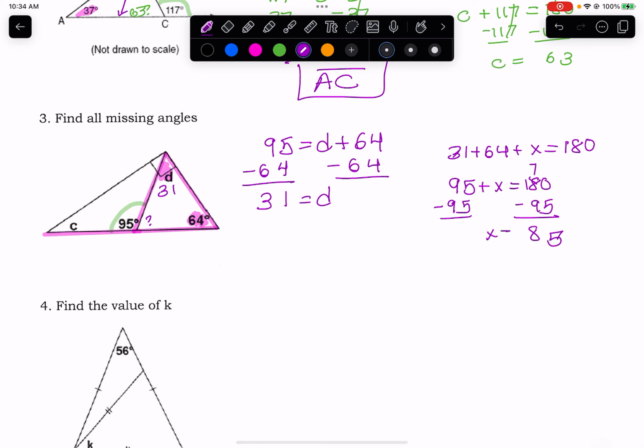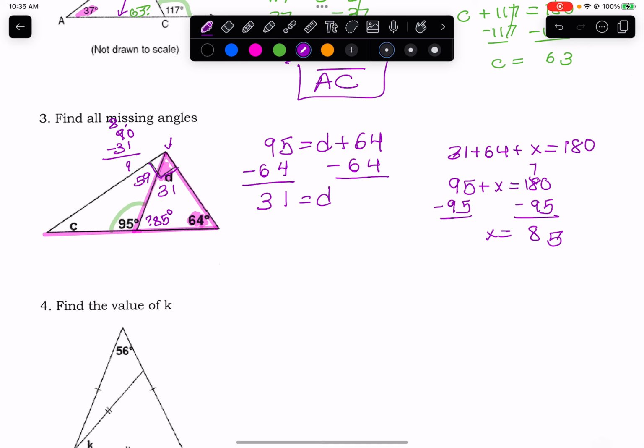So X is equal to 85. So this one right here is 85 degrees. Now, since this is a right triangle, with a right angle up here, and this piece is 31, to find the missing amount, we subtract from 90. So we should get 59 here.